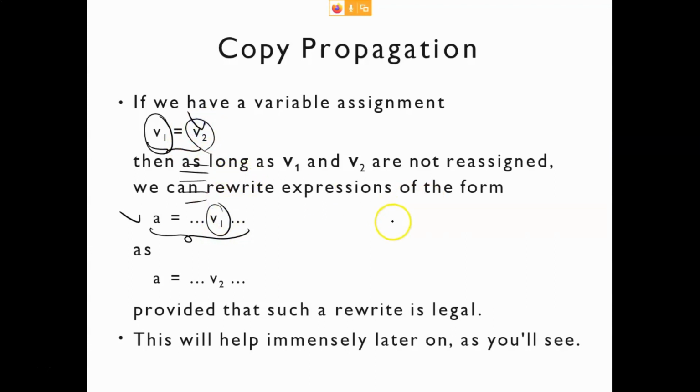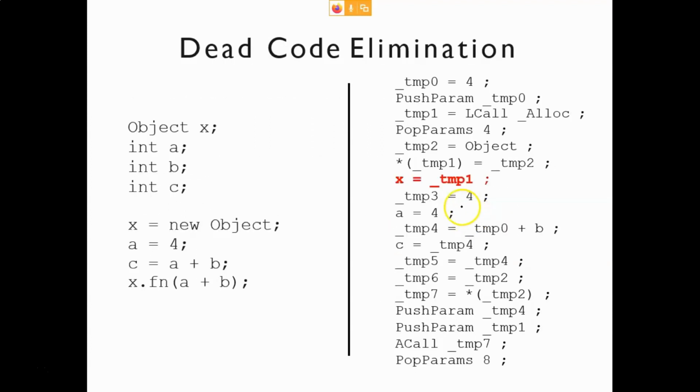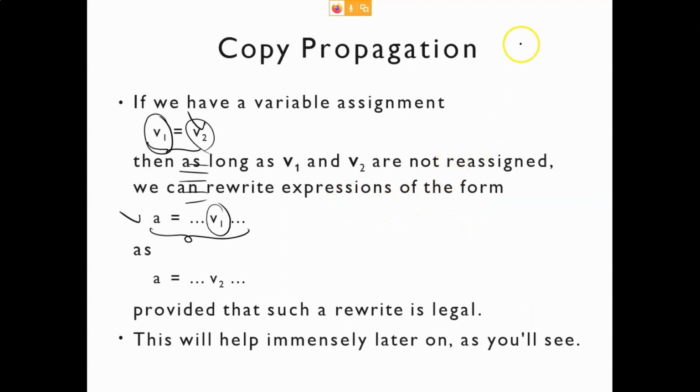Okay, so actually there is a difference between common sub expression elimination and copy propagation. So what is the difference? Let me tell you the difference. In common sub expression elimination, we have an expression, let's call this expression e, and we have this variable v here.